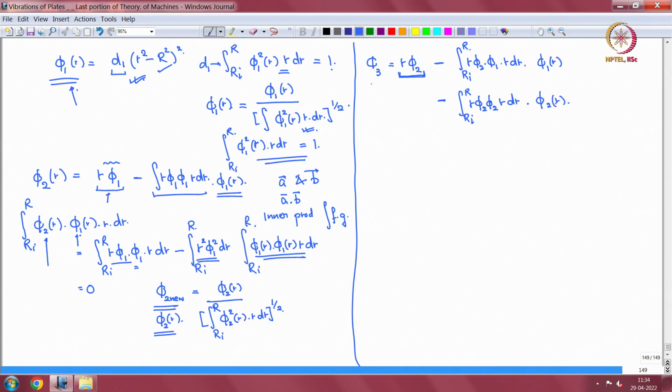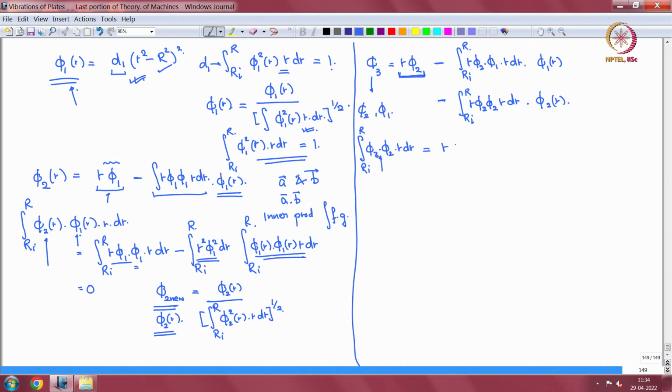Now how do I know this is orthogonal to phi 2 and orthogonal to phi 1? So I do first with phi 2, let us say integral r_i to r of phi 3 dotted with phi 2 into r dr. Okay, this is just a product, not a dot product like vectors.